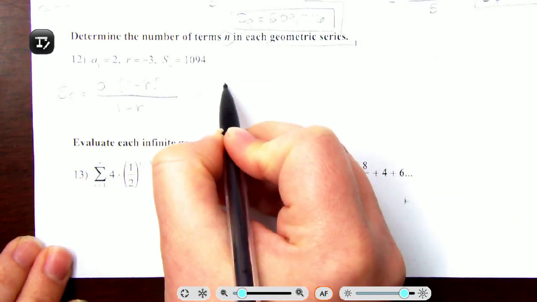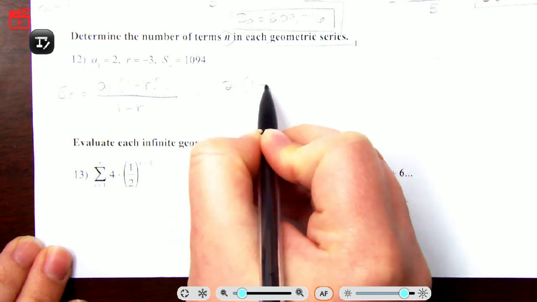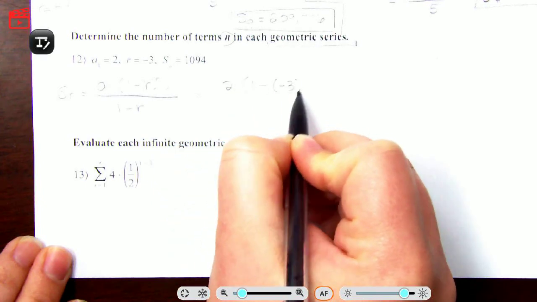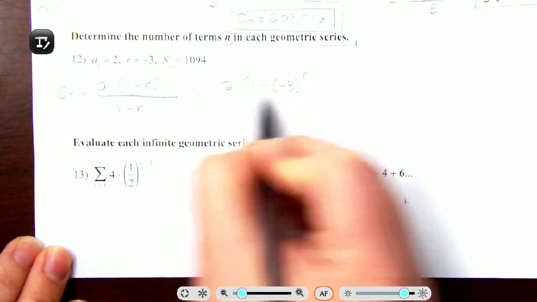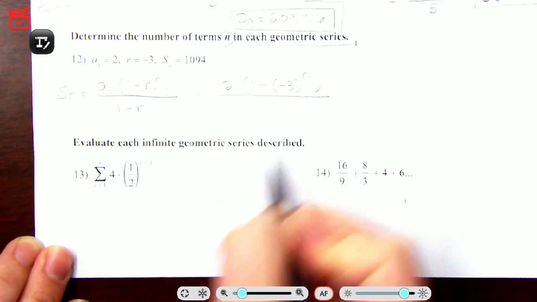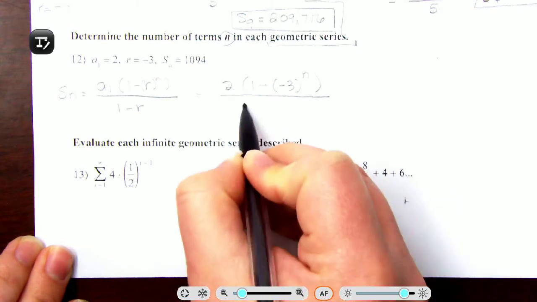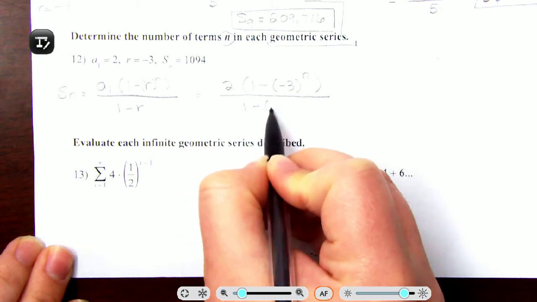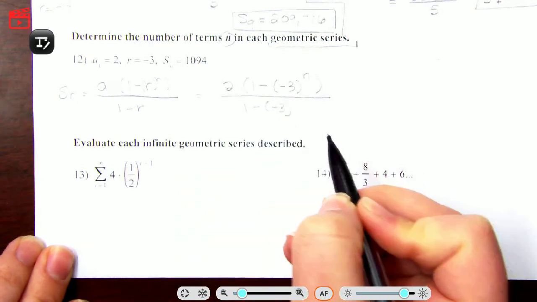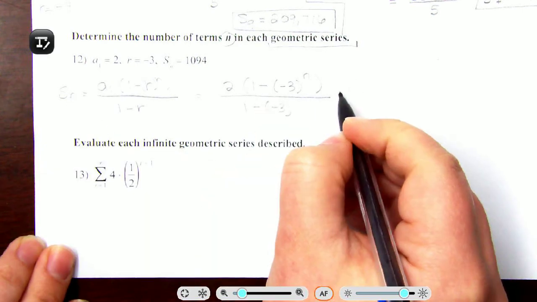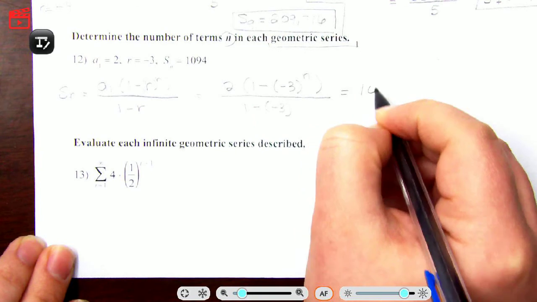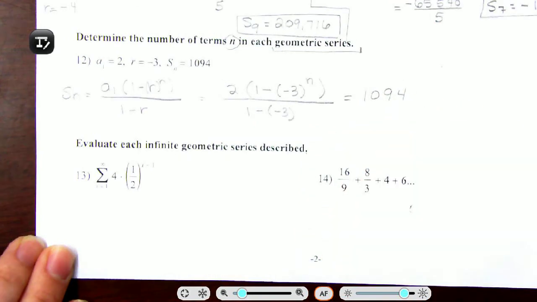Now, it's asking for us to solve n, so we don't know what n is, but we do know that a sub 1 is 2. We know that r is negative 3. We still don't know what n is. And 1 minus r is 4. And then it also tells us that we know what S sub n is. So S sub n is equal to 1094.